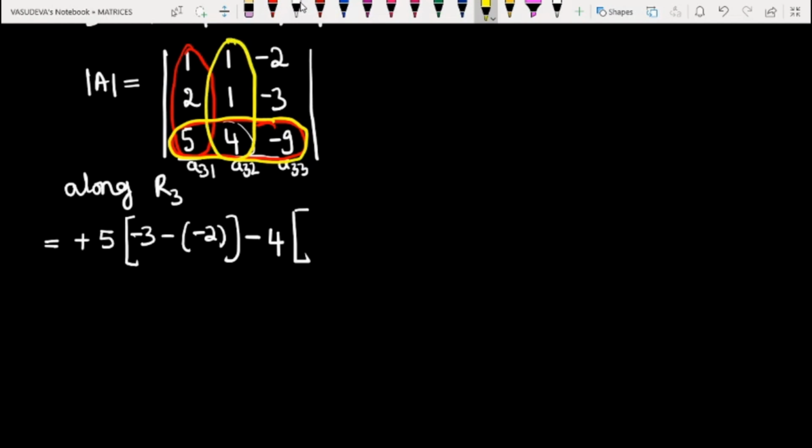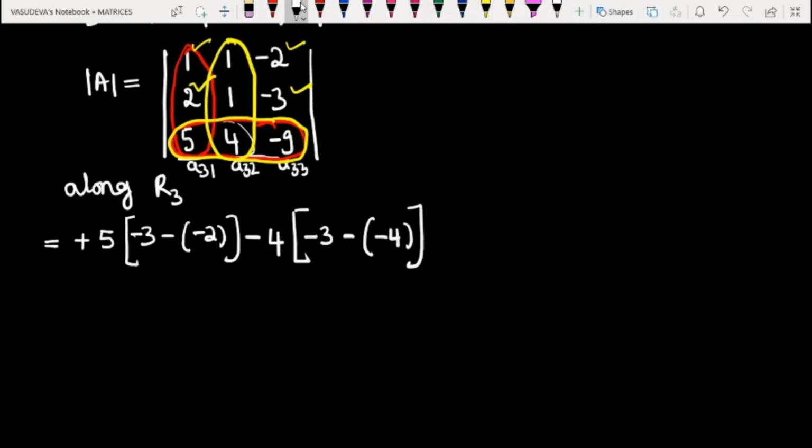So what are the remaining elements? 1, 2, minus 2, minus 3. Now multiplying those, the determinant of those elements: 1 into minus 3 is minus 3, minus of 2 into minus 2 is minus 4.